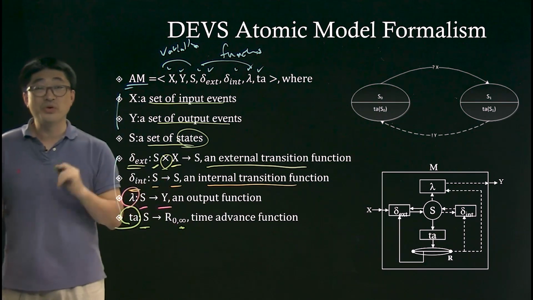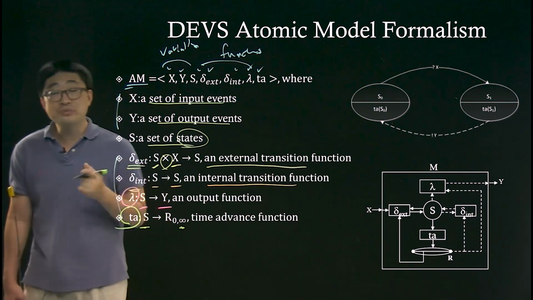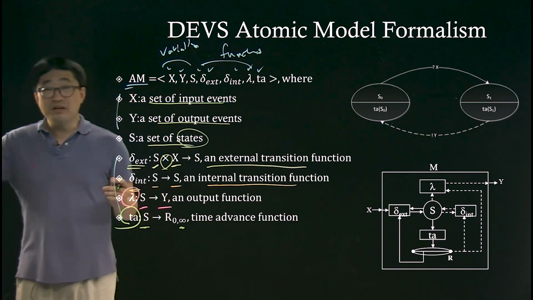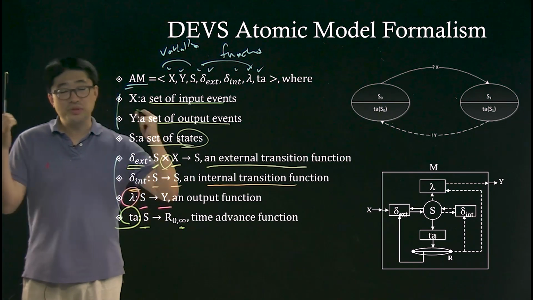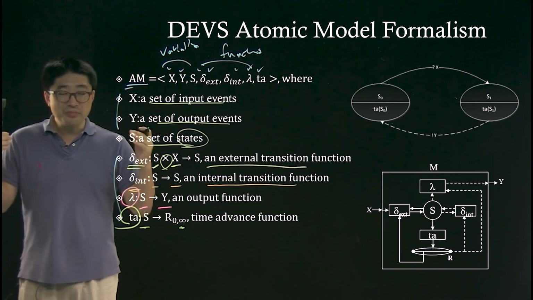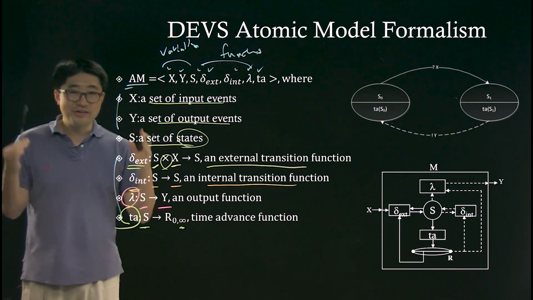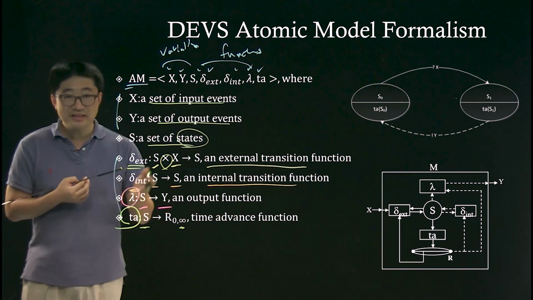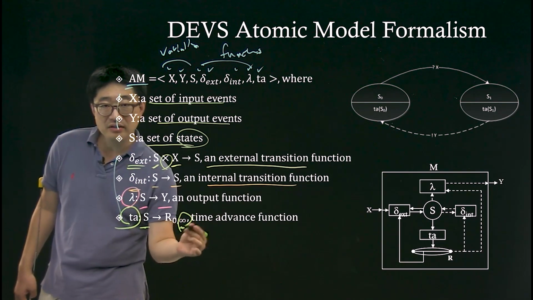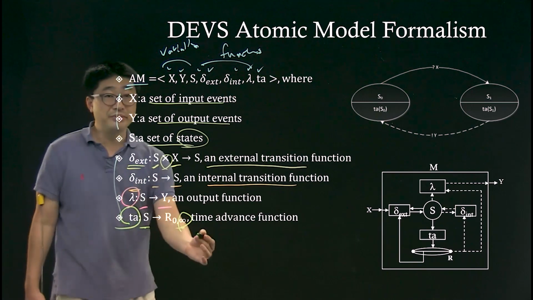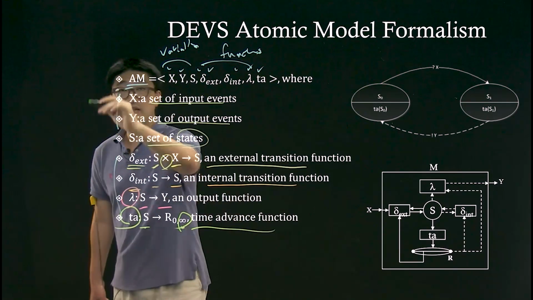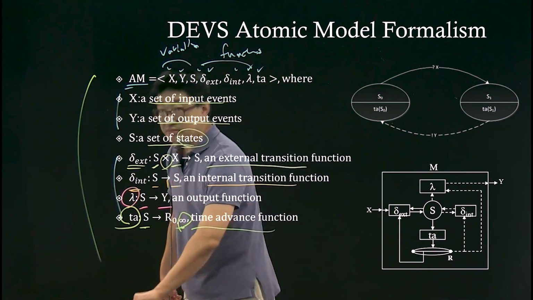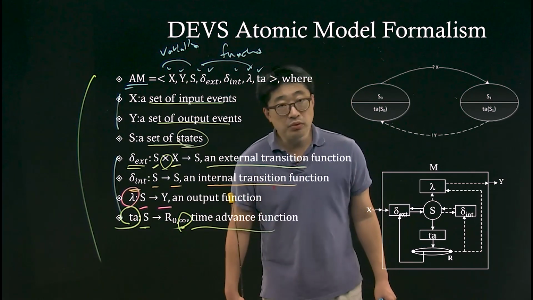It's like a dead model if we set R to infinity. Why? Because unless others invoke something or request something of us, I'm going to be completely deaf and alone, and I'm not going to self-initiate any behaviors. That's the mode of R infinite for the time advance function. So these are the mathematical definitions, the formalism of the three variables and four functions tuple.